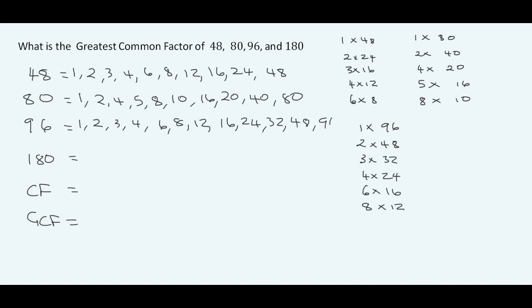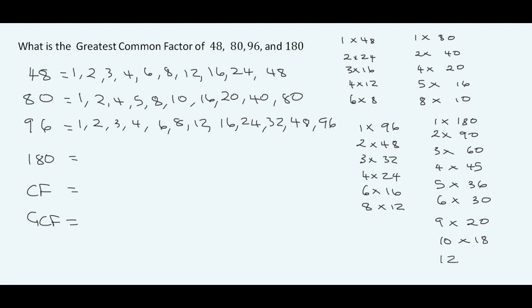Now 180, 1 multiplied by 180, 2 multiplied by 90, 3 multiplied by 60, 4 multiplied by 45, 5 multiplied by 36, 6 multiplied by 30, 9 multiplied by 20, 10 multiplied by 18, 12 multiplied by 15.